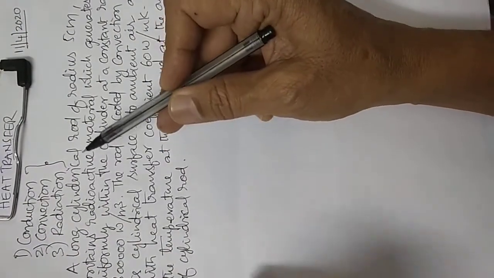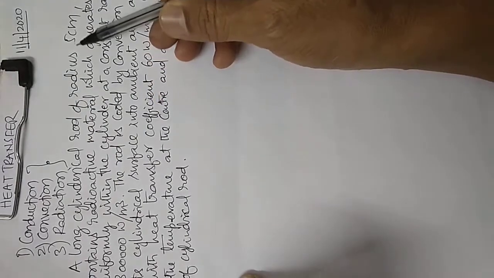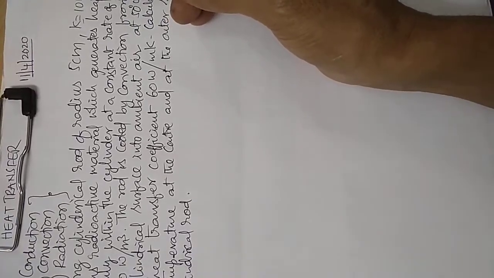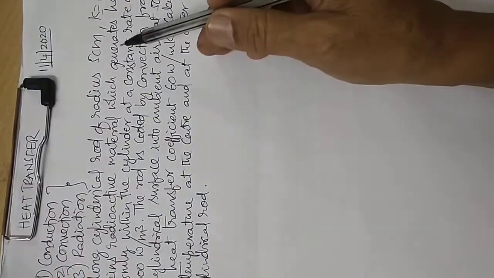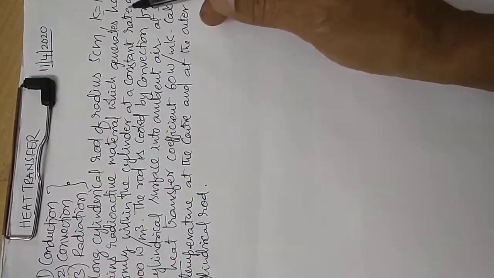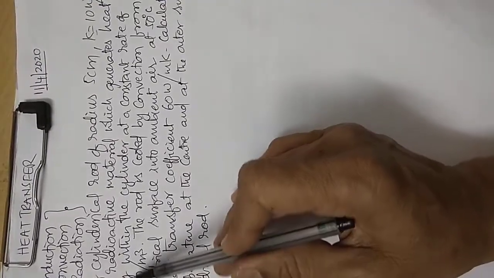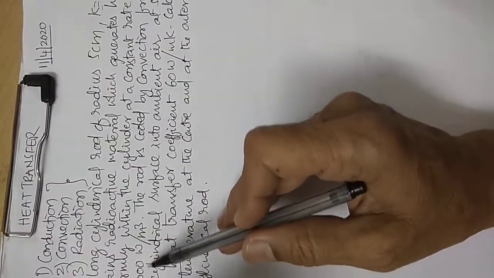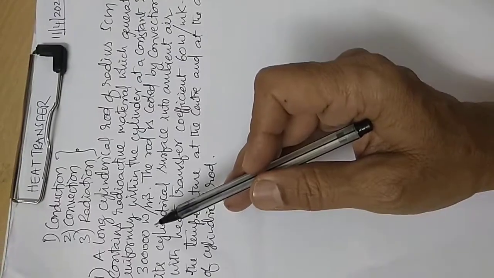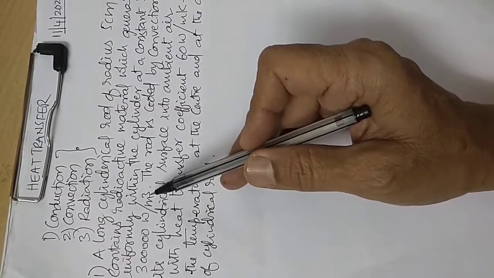A long cylindrical rod of radius 5 centimeters and thermal conductivity K of 10 watts per meter Kelvin contains a radioactive material which generates heat uniformly within the cylinder at a constant rate of 3 lakh watts per meter cube.